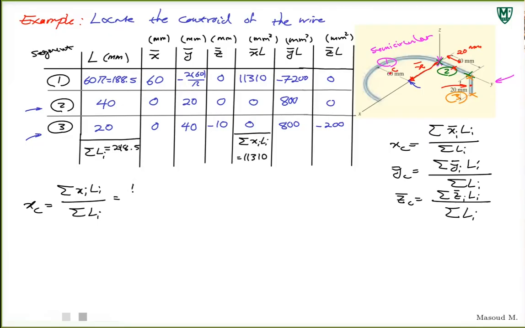So this fraction is 11310 divided by 248.5. If you do that, you'll get XC as, if I did not make any mistake, 45.5 millimeters.